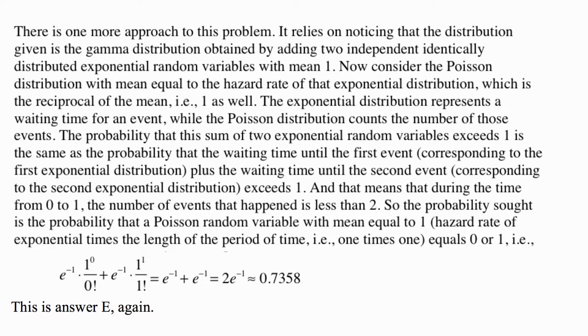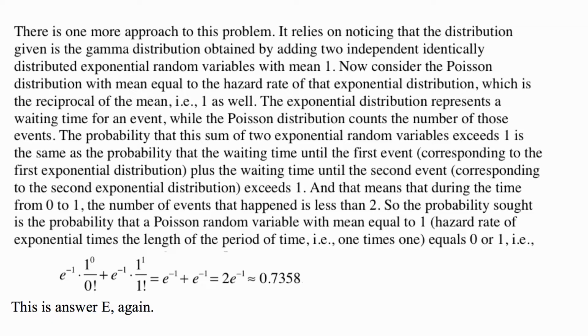So consider now the Poisson distribution with mean equal to the hazard rate of that exponential distribution, which is the reciprocal of the mean. The hazard rate of exponential distribution is the reciprocal of the mean, but in this case the mean is 1, so the hazard rate is 1 as well. So again, the exponential distribution represents a waiting time for an event, while the Poisson distribution counts the number of those events in a unit of time.